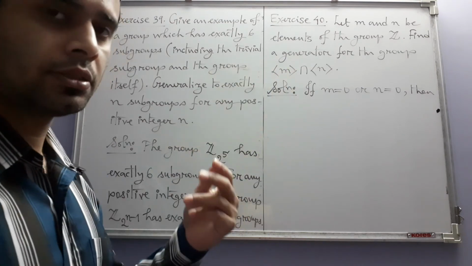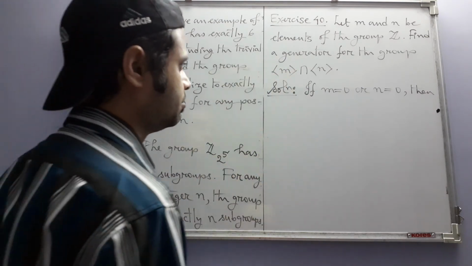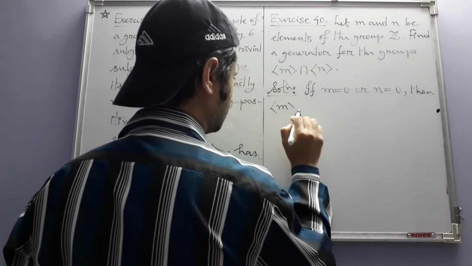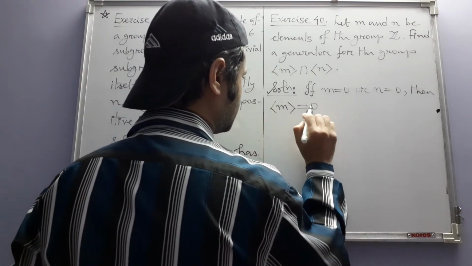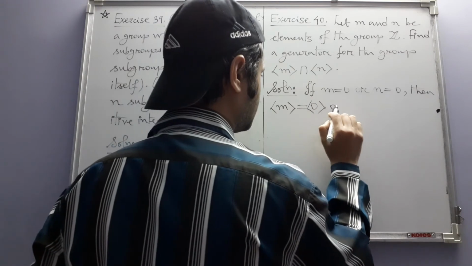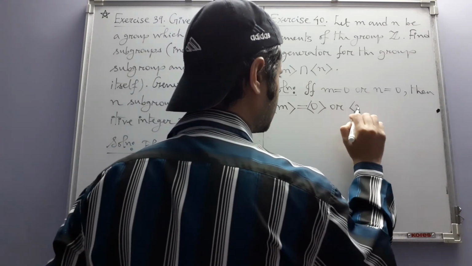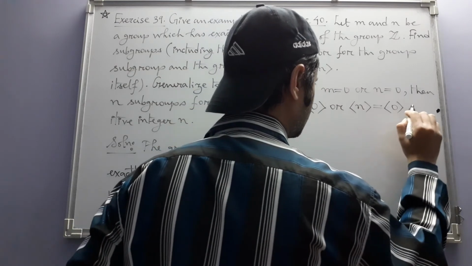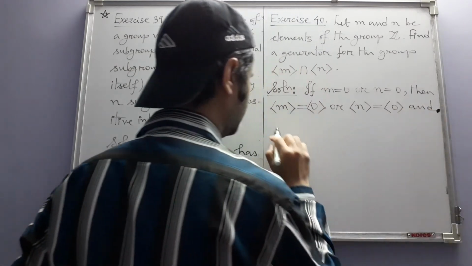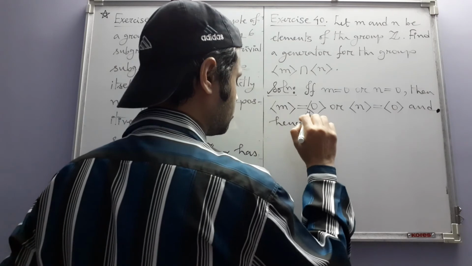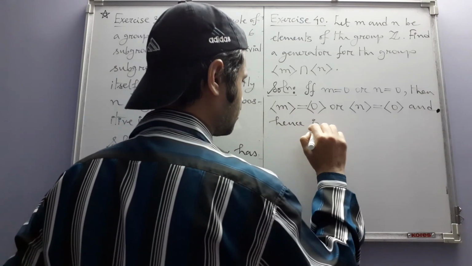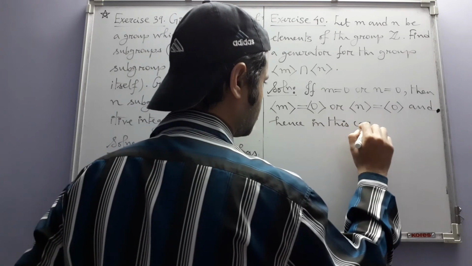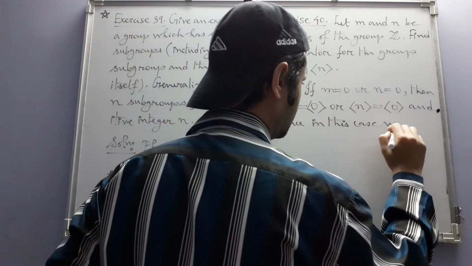So the intersection itself will be the trivial group.